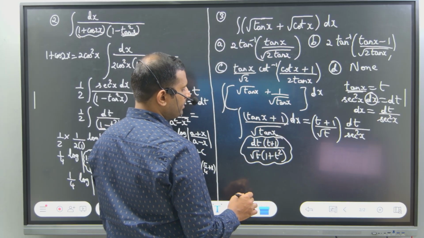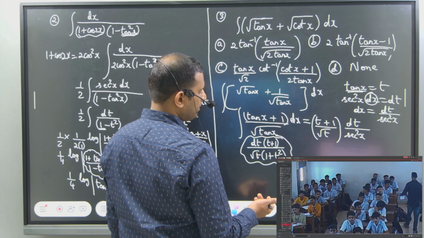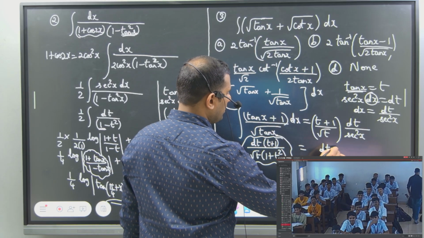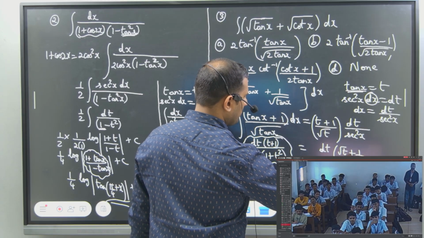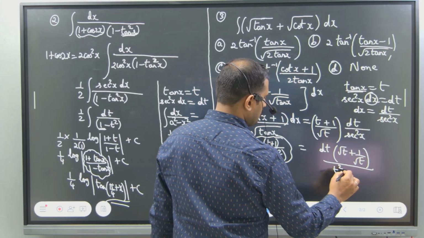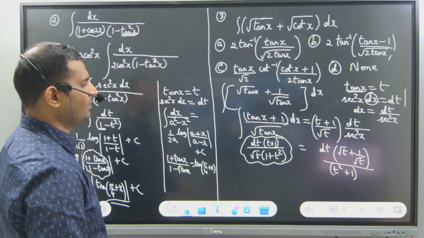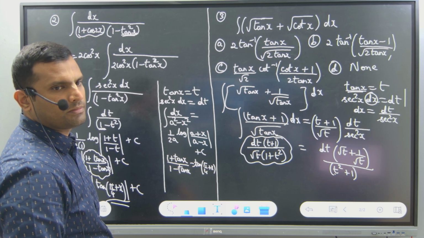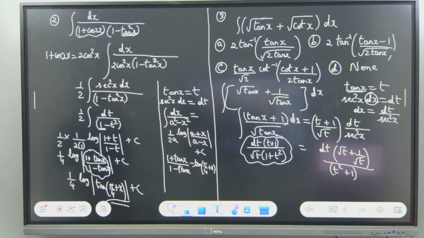If this root t is divided here, it will become dt into root t plus 1 by root t, and here I will have t square plus 1, isn't it? Any thoughts after this? What to do? Any idea, students? Think for a minute at least.